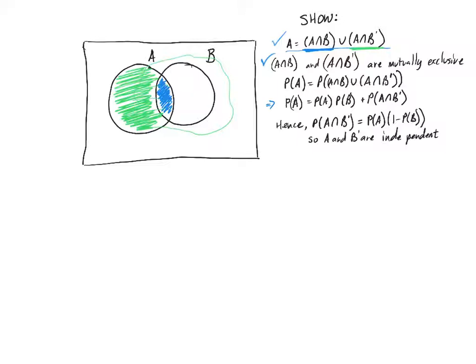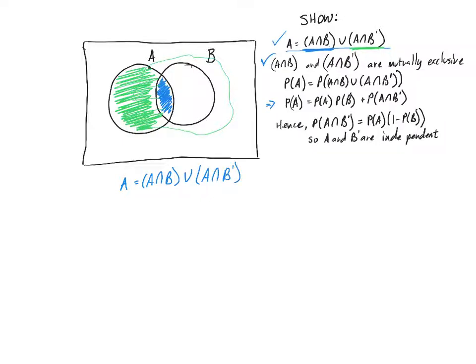The next step says that the probability of A is equal to the probability of A and B union A intersection not B. Well, that one is really just an algebraic step because we've already shown that A is equal to A intersection B union A intersection not B. Right?